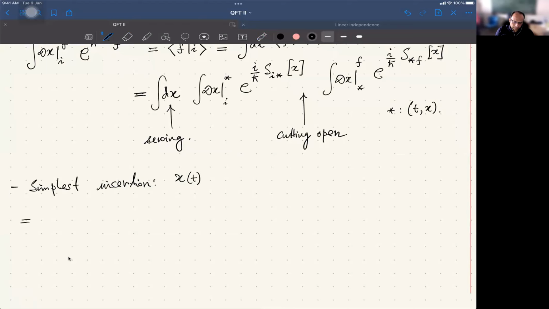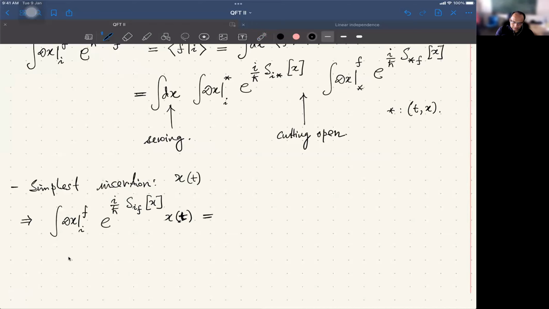Then the quantity that you are trying to calculate is the path integral from i to f of e^{(i/ħ) S_{if}} with x(t) inserted.